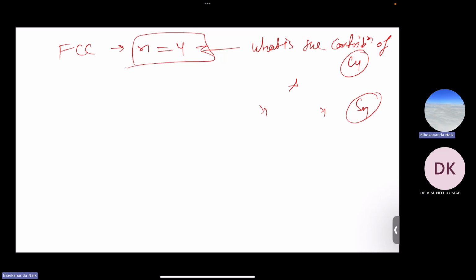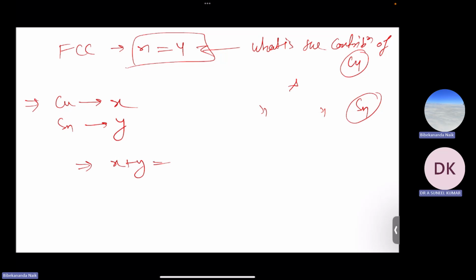So there are two unknowns here. One is the contribution of copper, another is the contribution of tin. We know one relation between them. Suppose copper is X and tin is Y. What will be X plus Y?